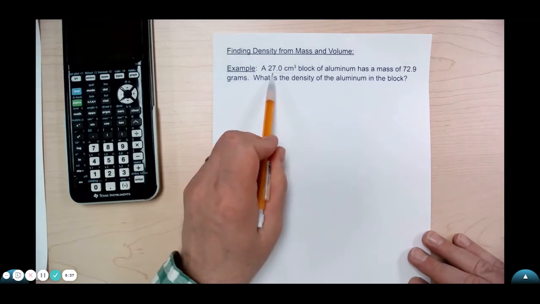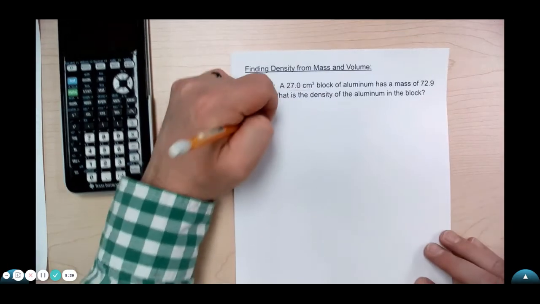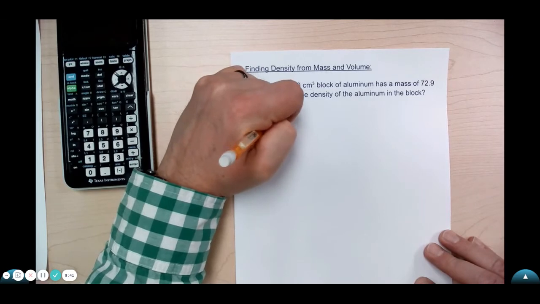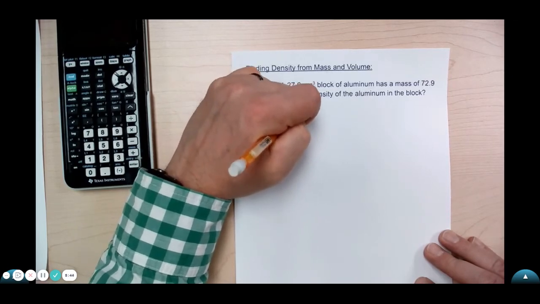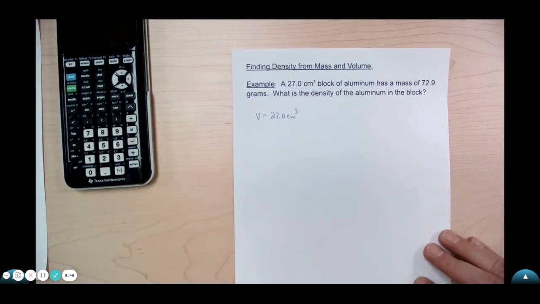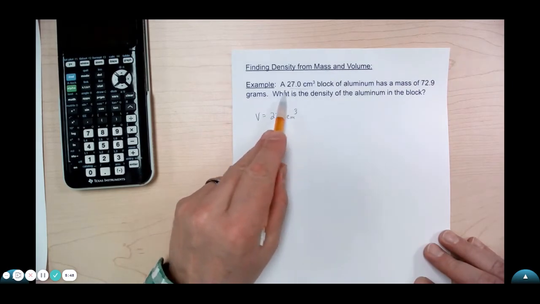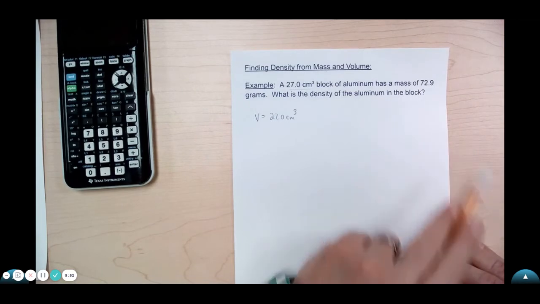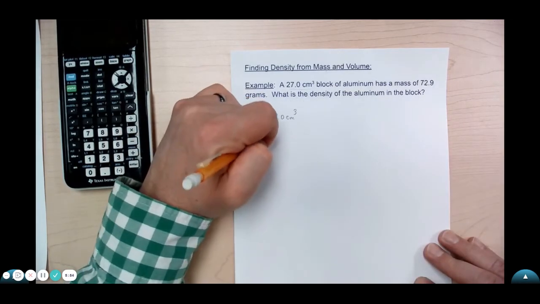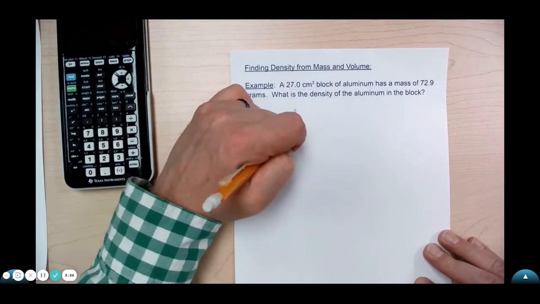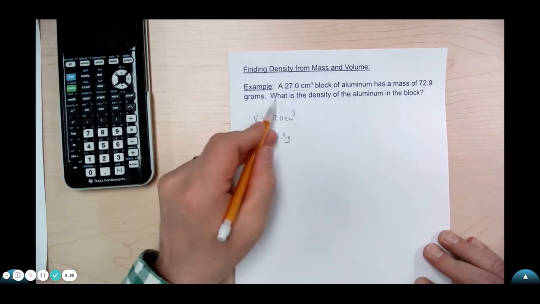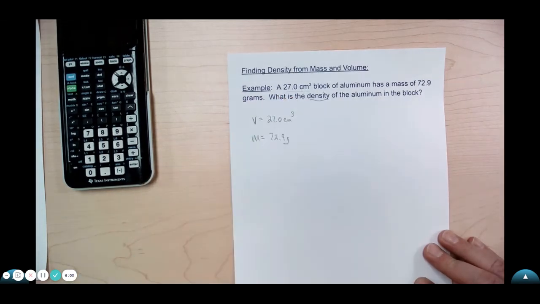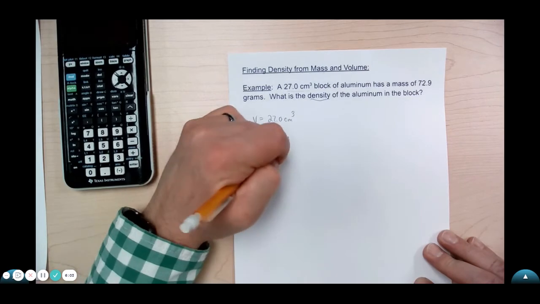If you're seeing that something is measured in cubic centimeters, that must mean its volume is 27.0 cubic centimeters. Whenever you see a number, come back to it and make a little table. It has a mass of 72.9 grams. What is the density? That's what you're being asked to find.